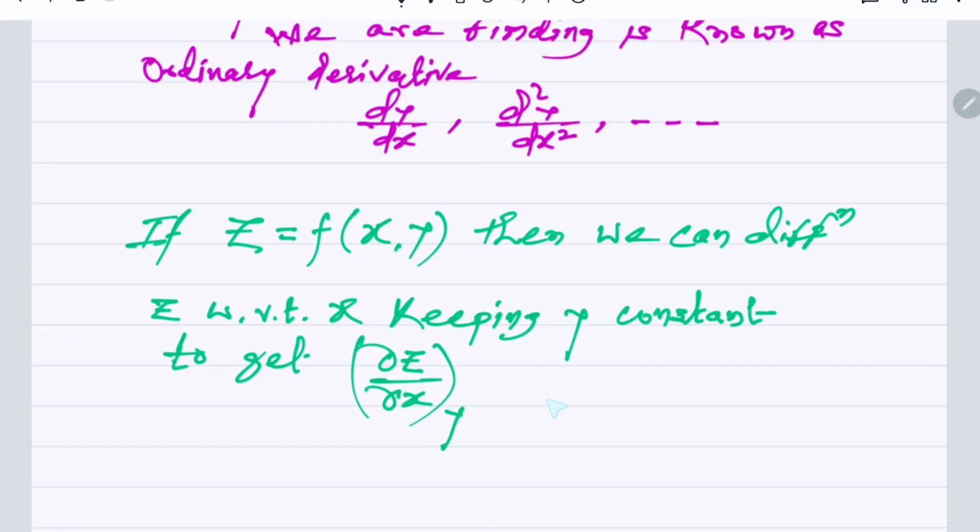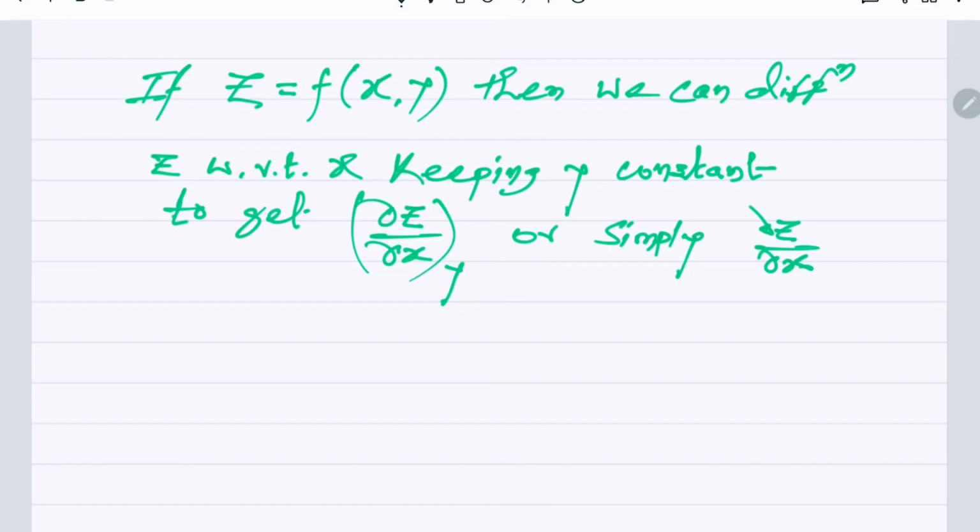Therefore, this is the basic difference between these two types of derivatives, ordinary and partial. Once again, I quickly repeat the same thing. If we have a function of one independent variable, then whatever the derivatives we are finding is known as ordinary type of derivative.